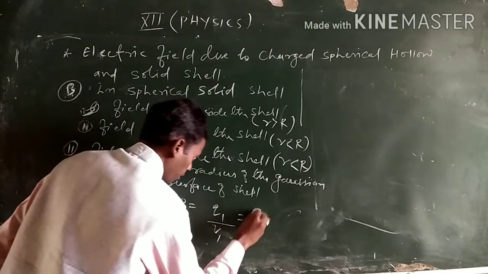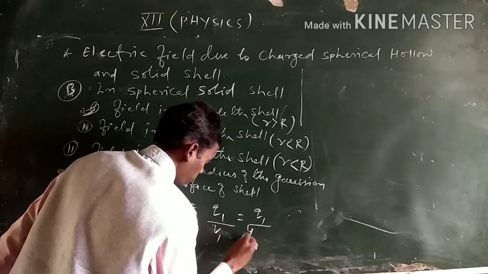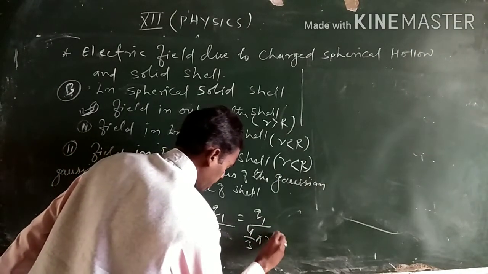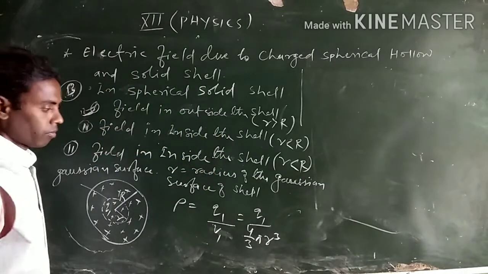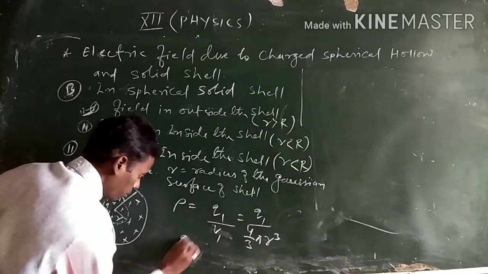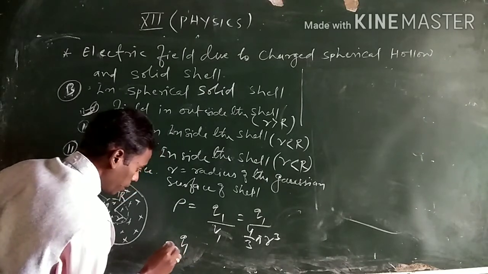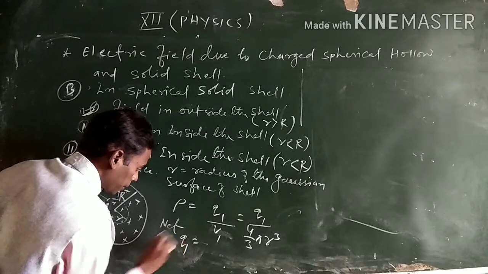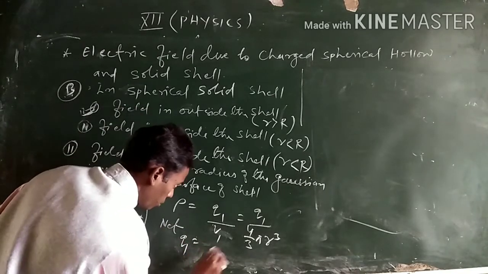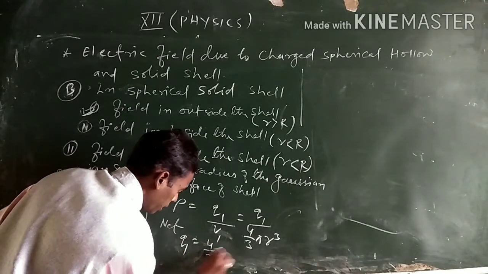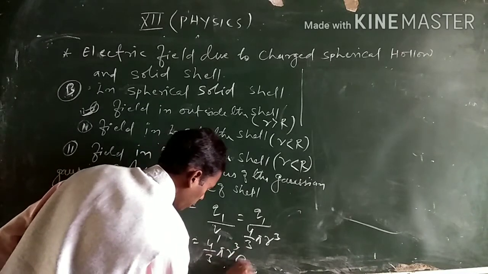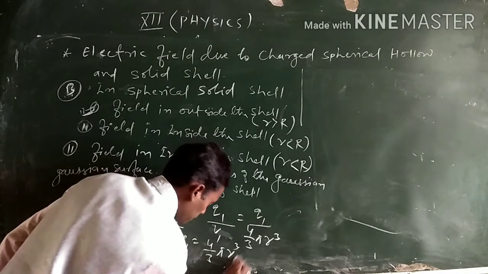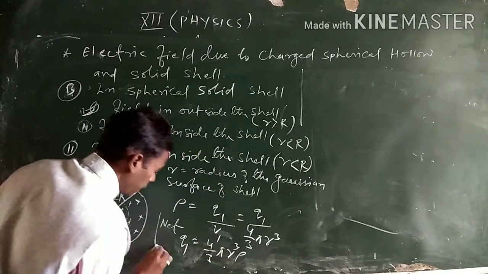Q1 divided by 4 by 3 pi r cube this time, right? Then the charge is equal to the net charge. This is the net charge. Net charge equal to 4 by 3 pi r cube rho.